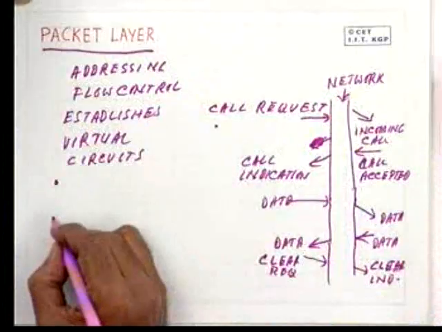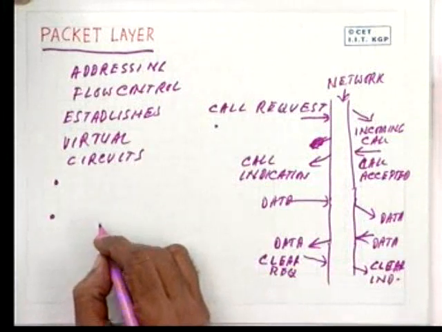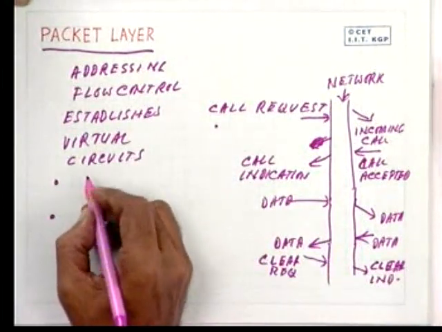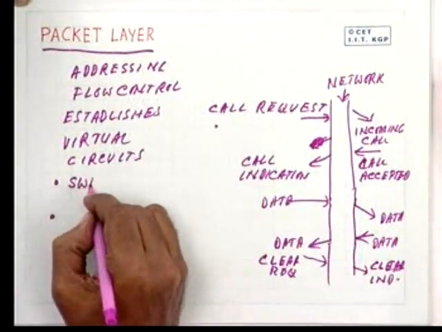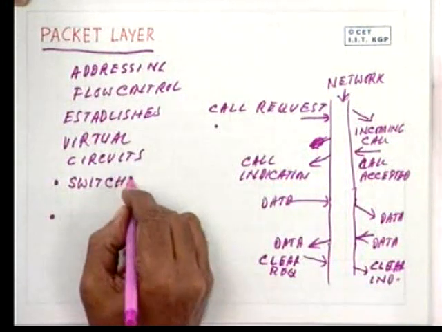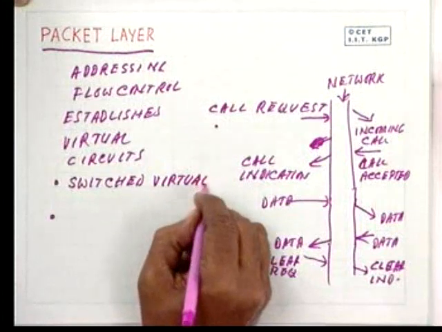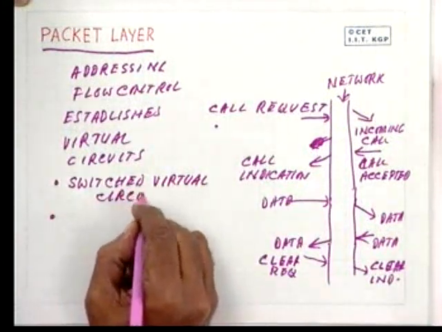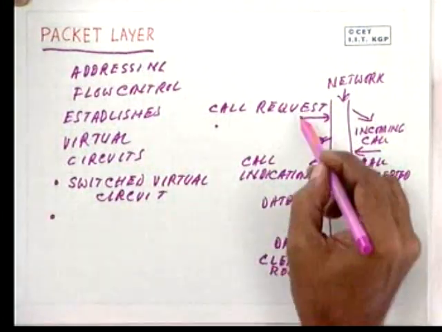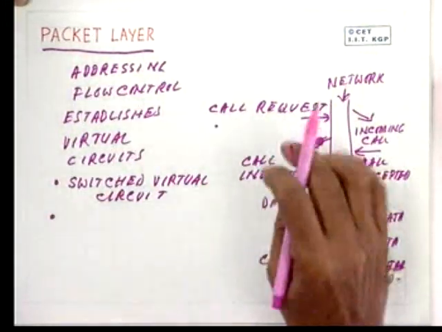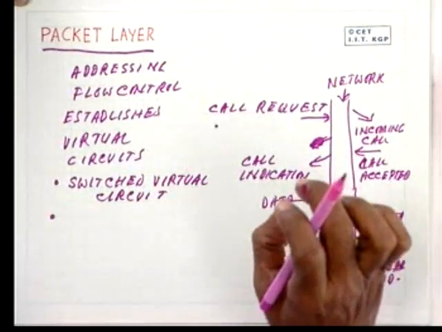So this is how we will do call setup, data transfer, and then clearing of the circuit. And there are two types of services. One is known as switched virtual circuit, in which you will do these three phases: call establishment, data transfer, and call clearance.